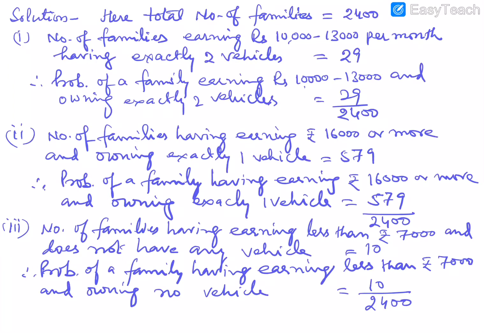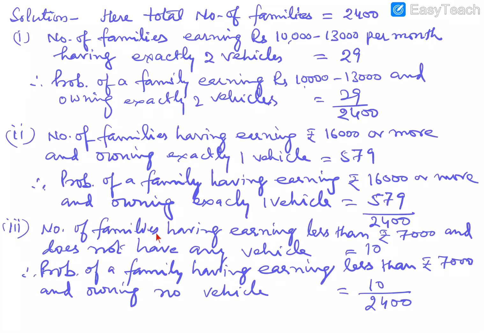Similarly, in the second part, the number of families earning rupees 16,000 or more and owning exactly 1 vehicle is equal to 579, and therefore the probability of a family chosen at random earning rupees 16,000 or more and owning exactly 1 vehicle is equal to 579 by 2,400.